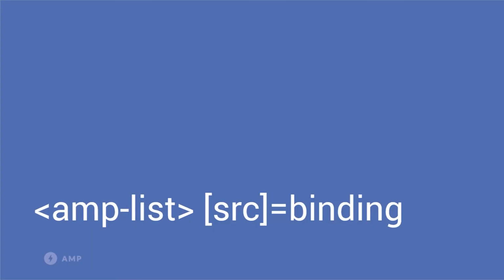Today, I'd like to show you a very powerful way of using AMP bind. By binding with the component that I previously talked about, AMP list, which is the component that is able to fetch external data in real time, you'll be able to create a page where it fetches real-time data each time the user interacts with your web page.